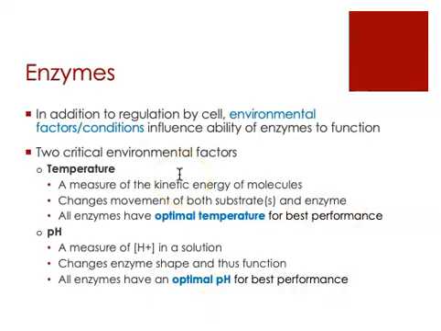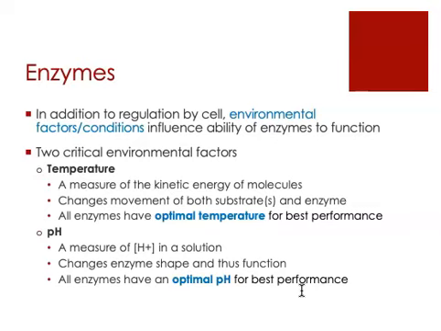So, all enzymes in all microbes, and in fact in all cells, all enzymes have an optimal temperature for their best performance. All enzymes have an optimal pH for their best performance. It doesn't mean that they can only work at that optimal temperature. It means that they work optimally at that optimal temperature.